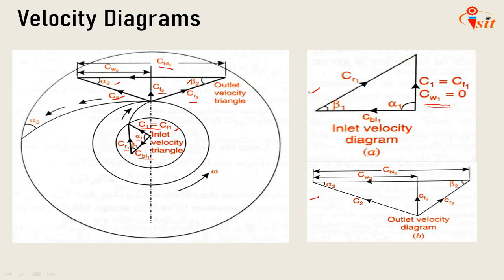To avoid shock at entry and exit, the blade must be parallel to the relative velocity of air at inlet or outlet, and therefore beta 1 and beta 2 are the impeller blade angles at the inlet and outlet. The diffuser blade angle must be parallel to the absolute velocity of air from the impeller, that is C2.